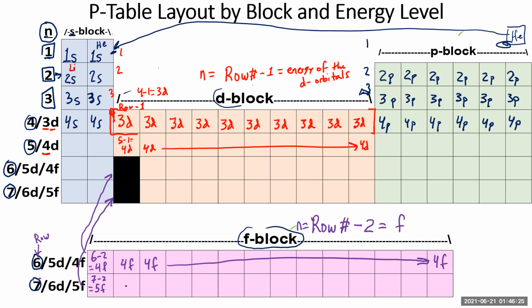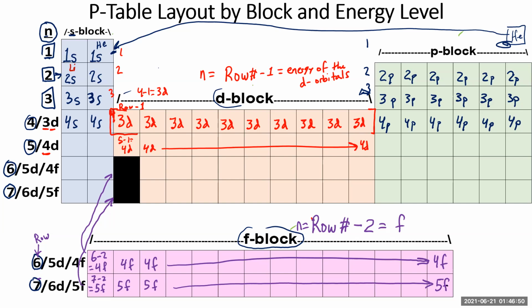So the highest energy F orbital that's available so far, given the elements that we know of, is energy level 5. The D orbitals and the F orbitals are simply, you could say, misplaced in the periodic table.